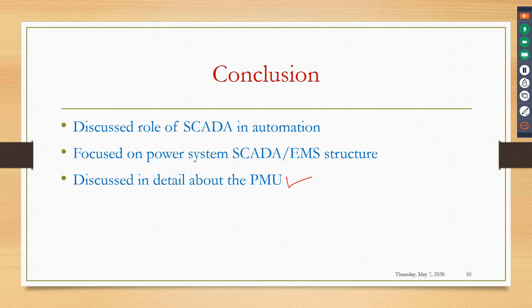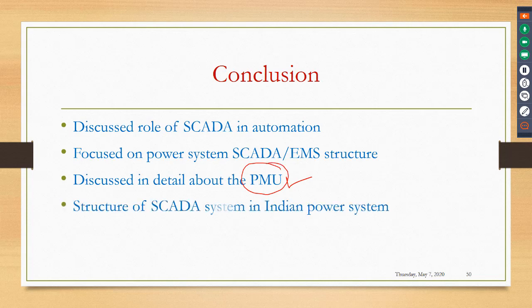In fact, this PMU plays a very important role nowadays in SCADA, right? PMU means phasor measurement unit. We didn't talk about this much. And then we talked about the structure of the SCADA system in the Indian power system, right?